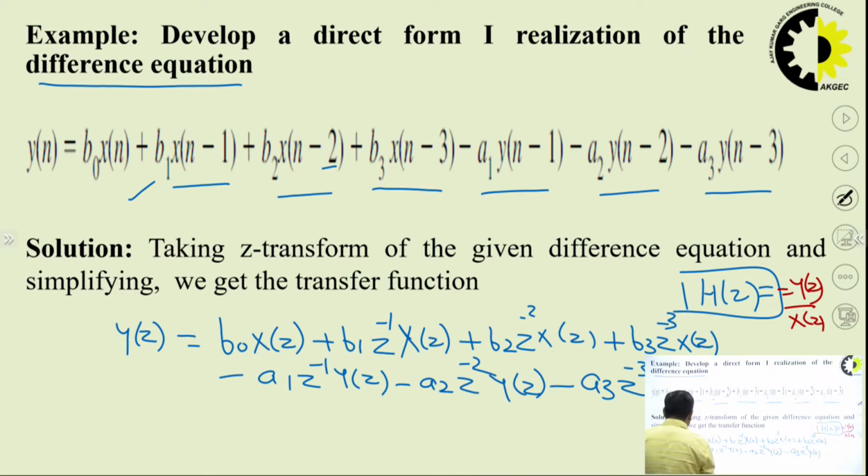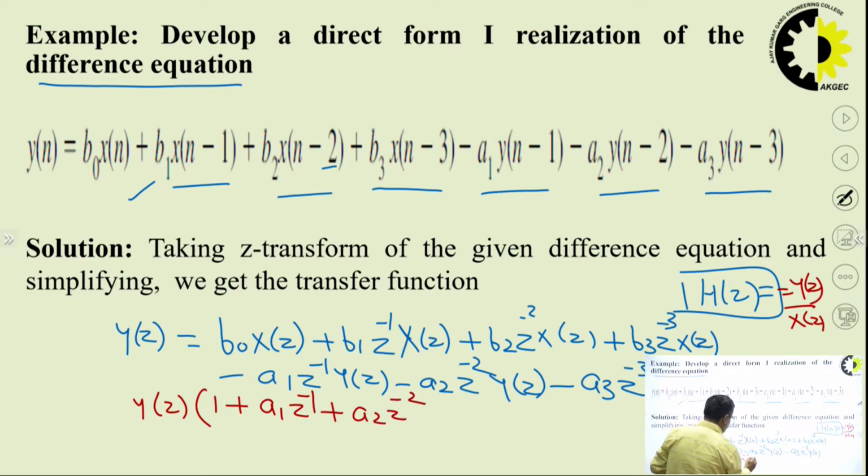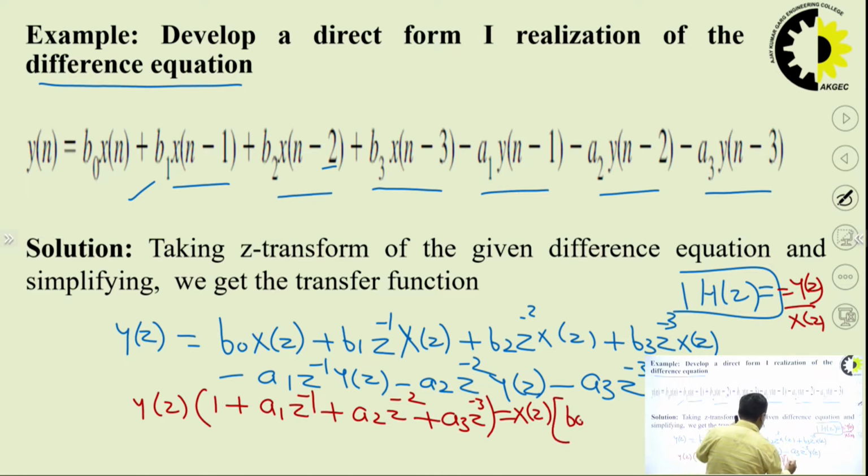So if you separate the terms of Y of z, then it will be Y of z into 1 plus a1 z to the power minus 1 plus a2 z to the power minus 2 plus a3 z to the power minus 3 is equal to what? X of z into b0 plus b1 z to the power minus 1 plus b2 z to the power minus 2 plus b3 z to the power minus 3.